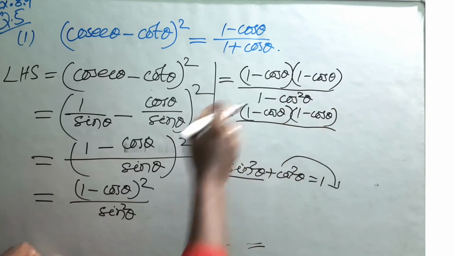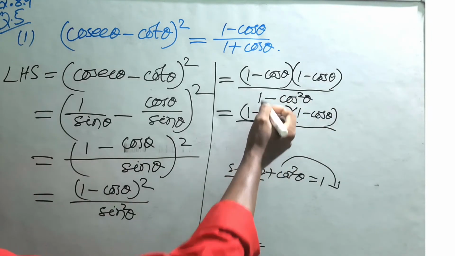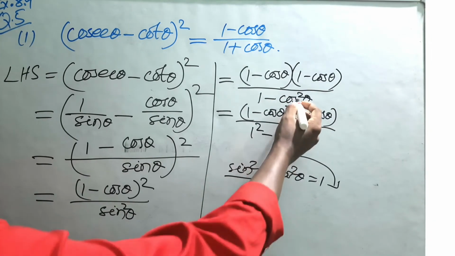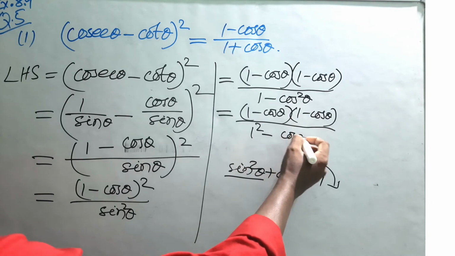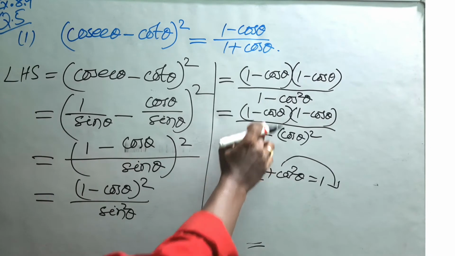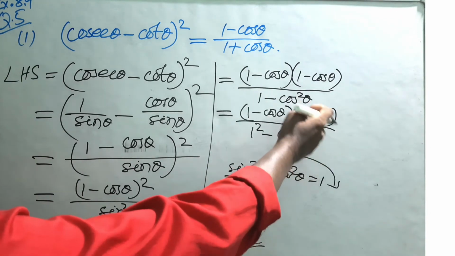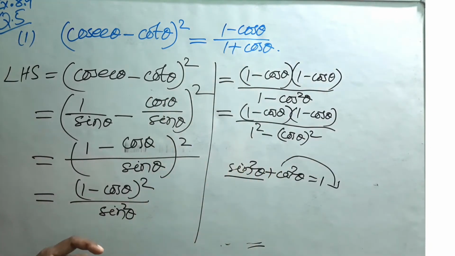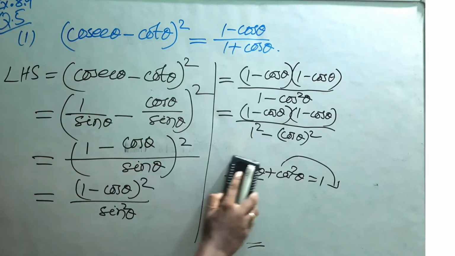divided by this one. Okay. Now you can write it as 1 square, then cos square theta you can write as (cos theta) whole square. In this way you can write this one, because 1 square is 1 and (cos theta) whole square is cos square theta. Okay. So let me erase this one.